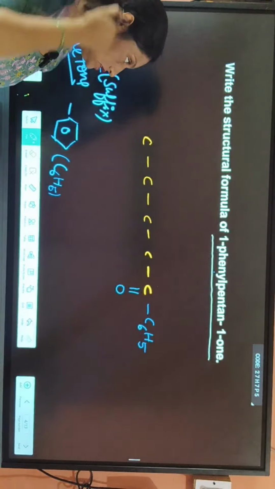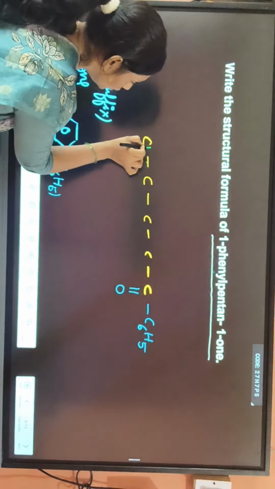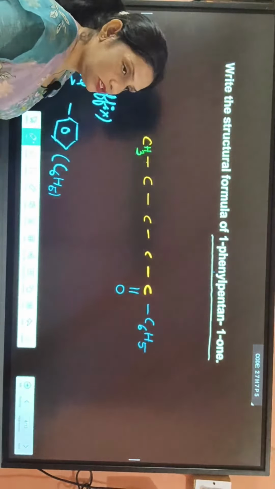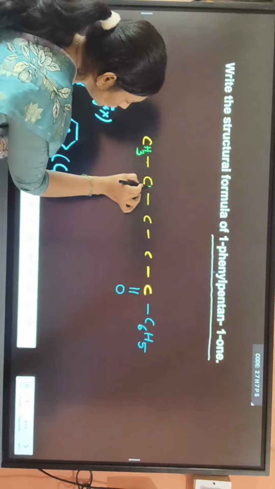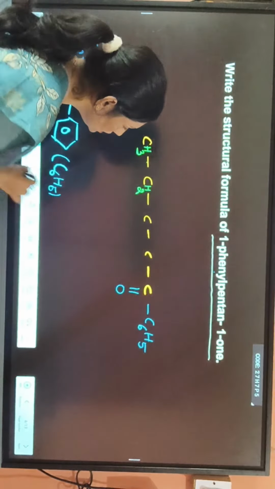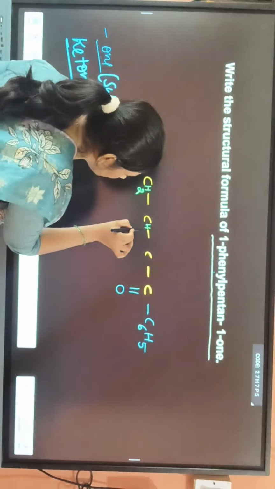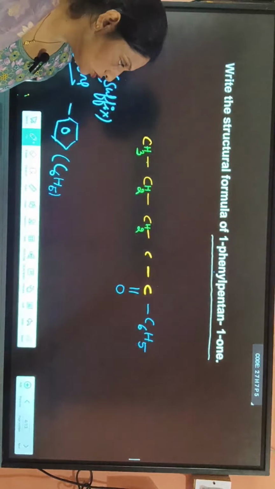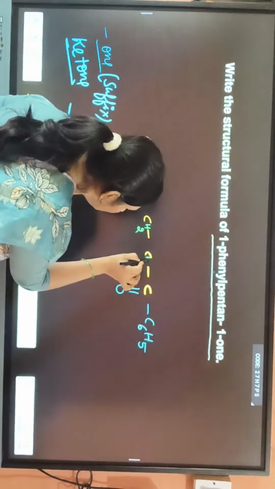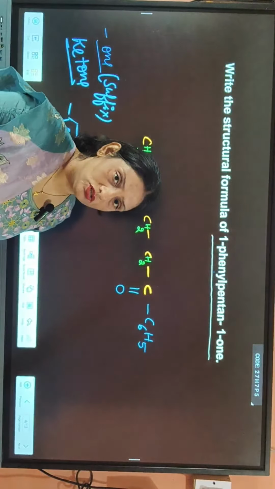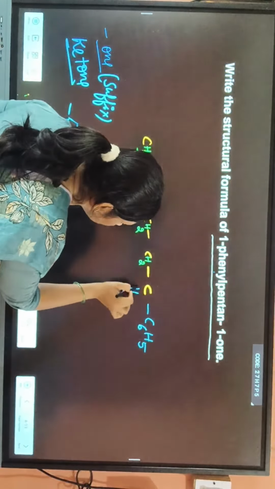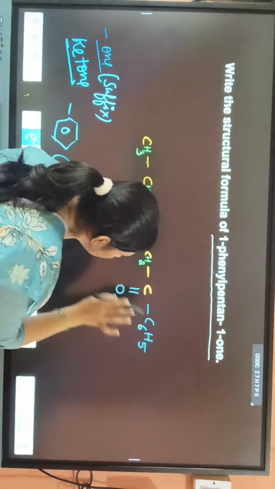Now you will fulfill the valency of the carbons. One bond it has formed, so 3 hydrogens. Now 1 and 1, 2, so 2 hydrogens with this. Again 1 and 1, 2 bonds formed, so you provide 2 hydrogens. Already 2, so 2 hydrogens again. Now 1, 2, 3, 4 is completed for this one also.